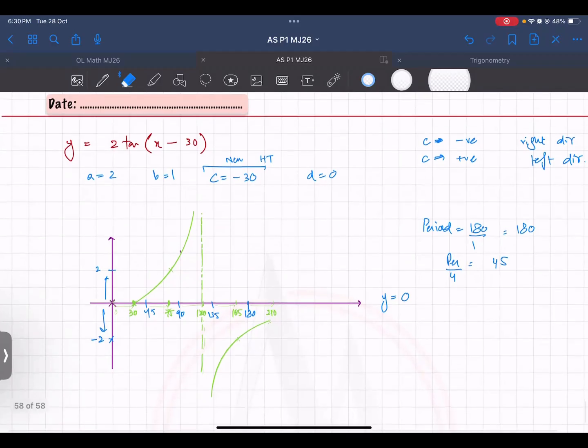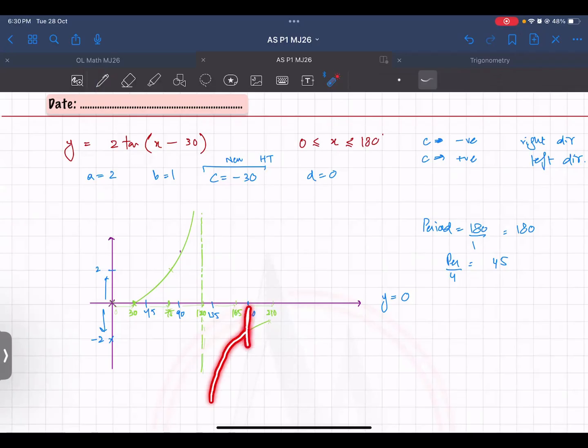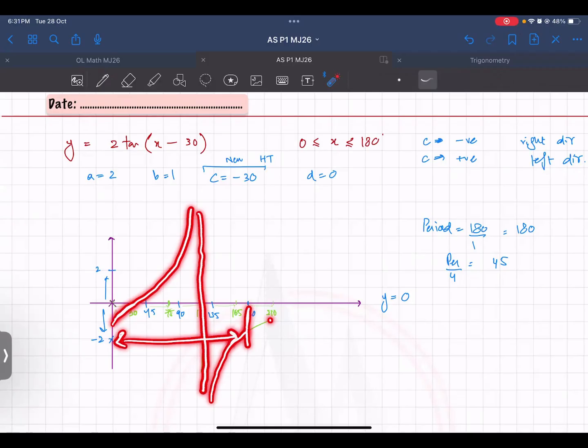And in the exam, if they ask you to draw the sketch from 0 till 180, you will keep the graph till 180, not till 210, and it will start from here. This would be the graph then, from 0 till 180.